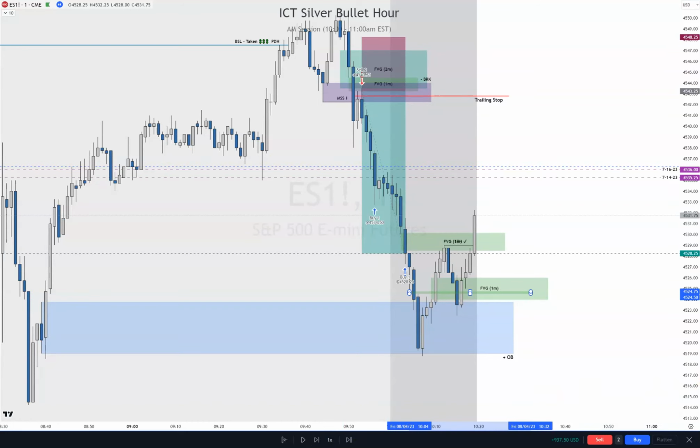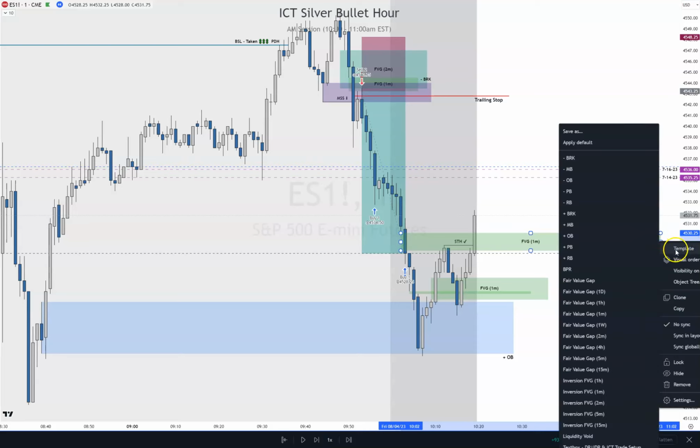Alright, so we got a short-term high being cleared right there. See if we leave open a fair value gap right here or not. If we do, that'd be good. And we can use this now as an inversion. So let's move this to an inversion.